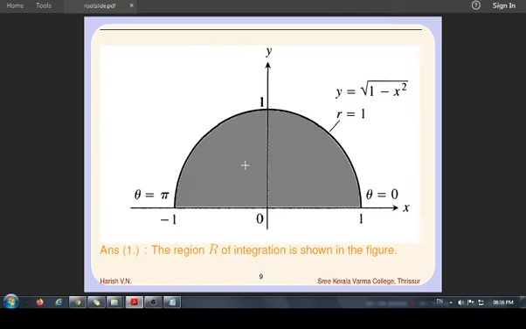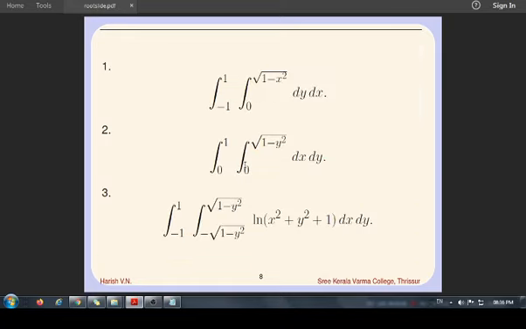Now I have to evaluate the integral dy dx. But what is dy dx? It is actually dA. But what is dA in polar coordinates? It is r d theta. Okay. So this reduces to the double integral over R of r d theta.